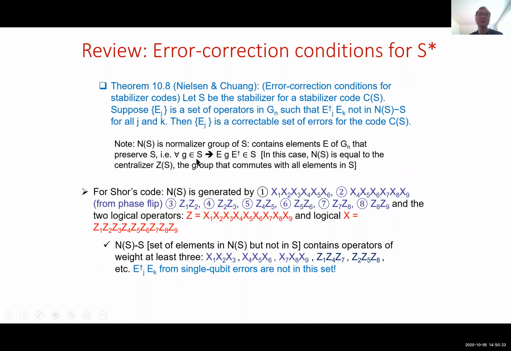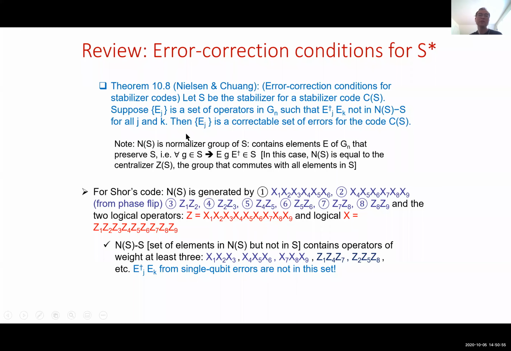Basically, you take any Pauli product that commutes with the stabilizer, and you want to take out the elements that are already in the stabilizer. So in this Shor's example, the normalizer minus the stabilizer only contains products of 3 Pauli operators.